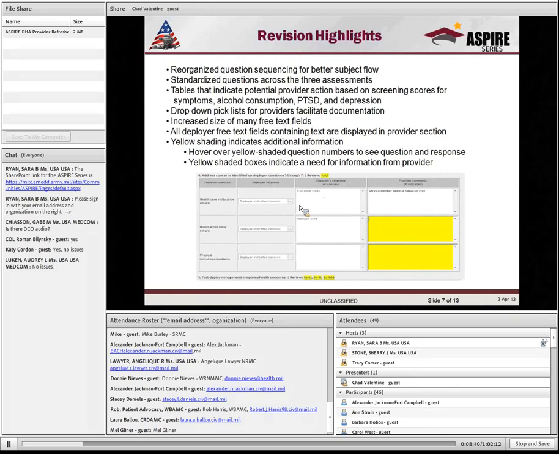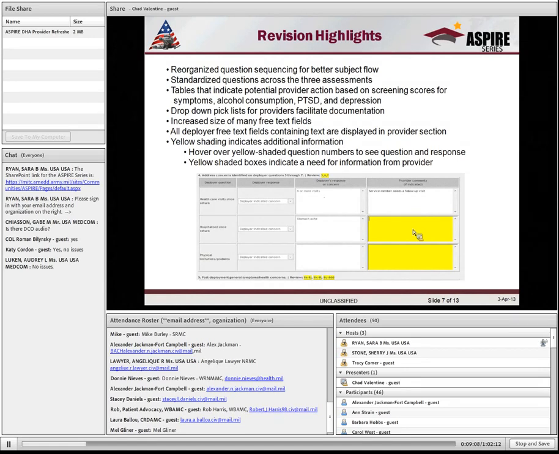We do have tables, or what we refer to as matrices, in the MHA that indicate provider action. As you can see in the screenshot we have there, it's highlighted in yellow. So whenever there's a provider comment, or the mandated provider comment, or when the provider needs to take action, the healthcare provider tab will indicate that with a yellow highlight. As well as these matrices I just spoke of, there's one for the physical symptoms, alcohol consumption, PTSD, and depression.